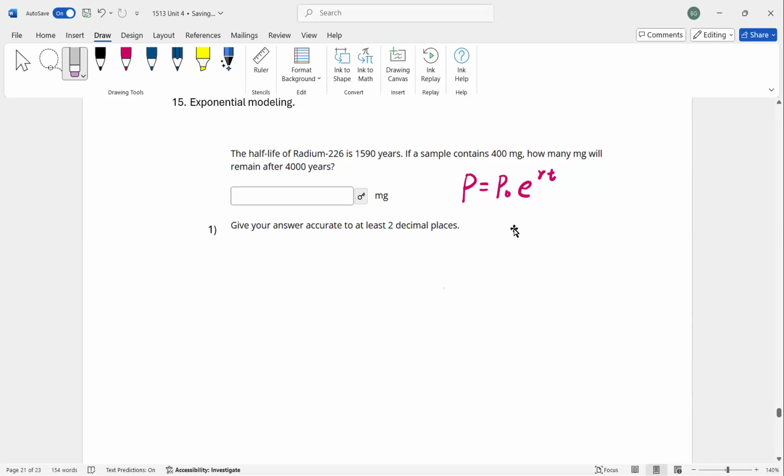P sub 0 is the initial value of the dependent variable. In this case, it would be the weight of the substance, right? So P sub 0 is the initial value of y, or of the function.